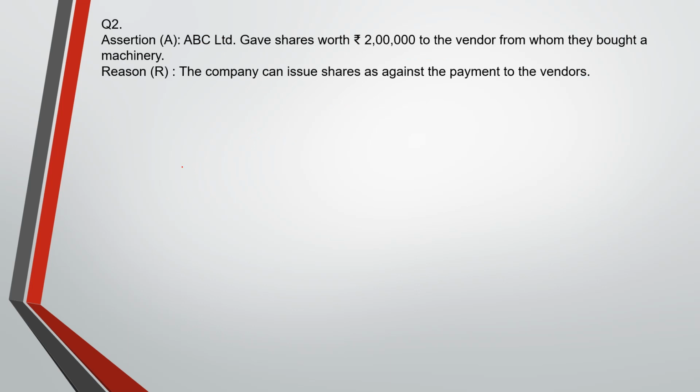Moving on to the next question. Assertion: ABC Limited gave shares worth 2 lakh rupees to the vendor from whom they bought a machinery. Yes, this is a case of issue of shares for consideration other than cash. Means shares have been issued not to raise cash but to settle some other transaction.